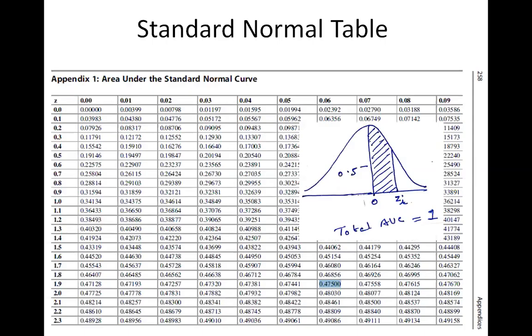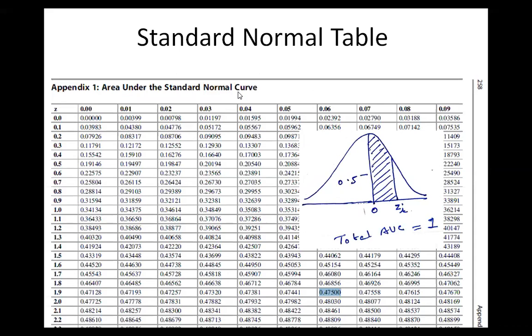So this is the table which is given in most of the textbooks at the end, and this table is the area under the standard normal curve. This table has variations in various textbooks. In this particular textbook from which I have copied this table for you, for Z equal to 0, the area under the curve is written as 0.